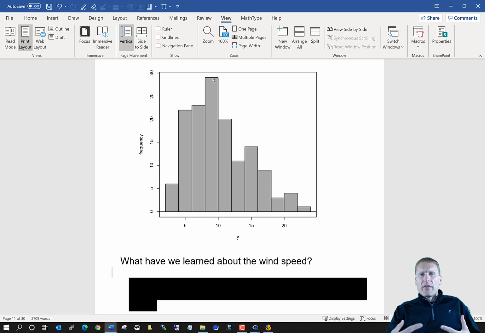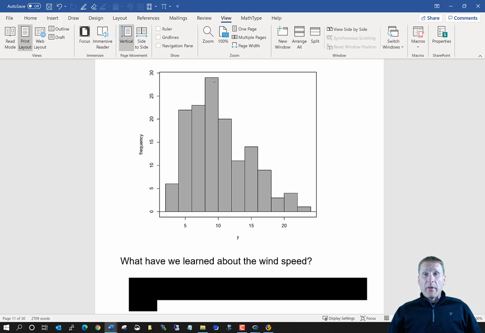We've also learned stuff about the mean. The mean, I think, was about 9 or 10. Let me just take a look at my previous notes on that real quick. So also what we've learned is the mean's about 10.